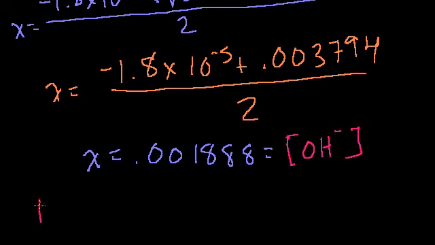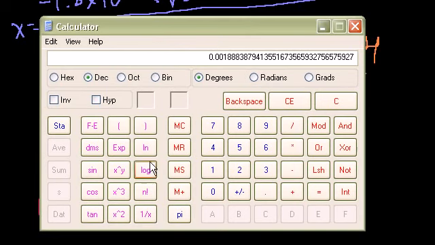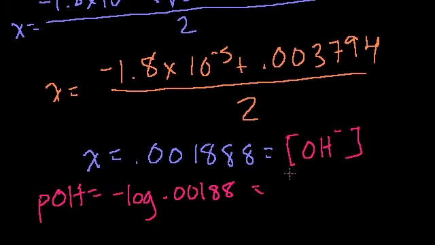Now if I want to figure out my pOH, I just take the minus log of this number. So let's just take the log of it. The log is that, and then I take the minus of that. So it's 2.72.